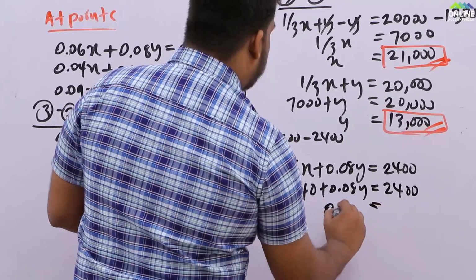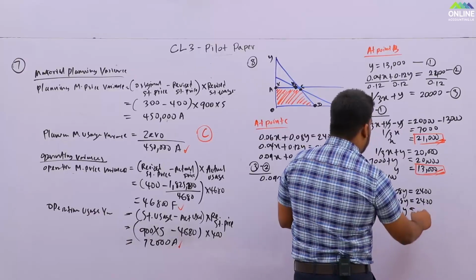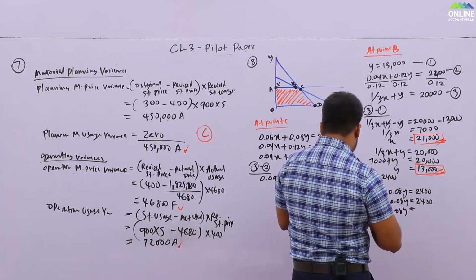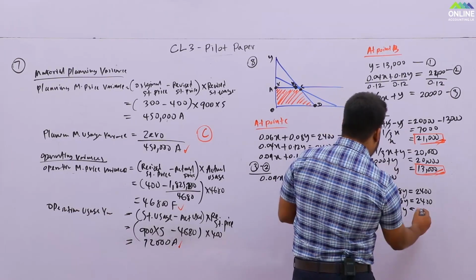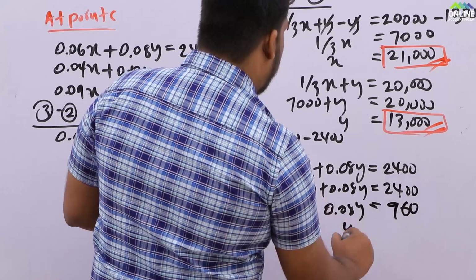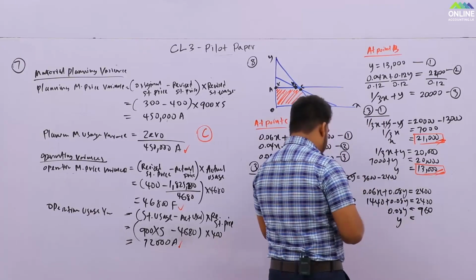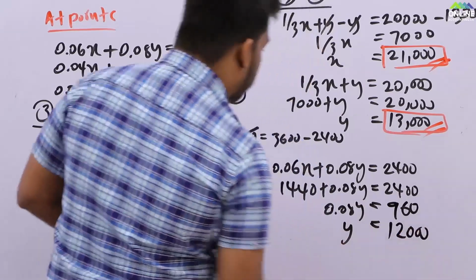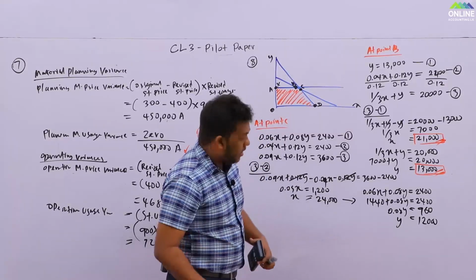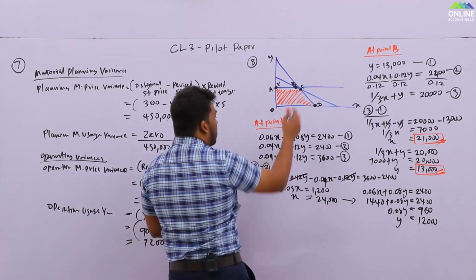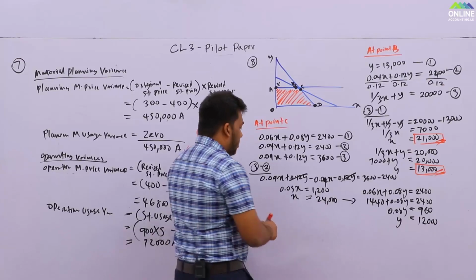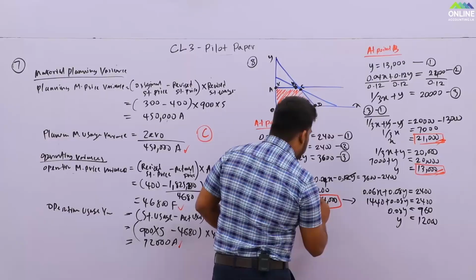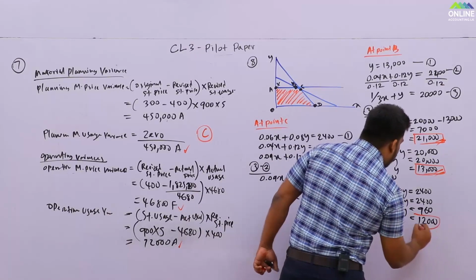Then 0.08y equals 2400 minus 1440, which is 960. So y equals 960 divided by 0.08, which is 12,000. So at point C, the numbers would be 24,000 and 12,000.